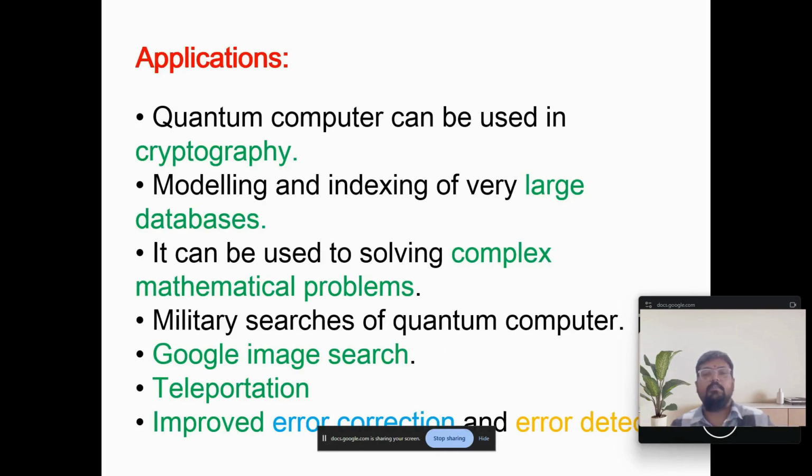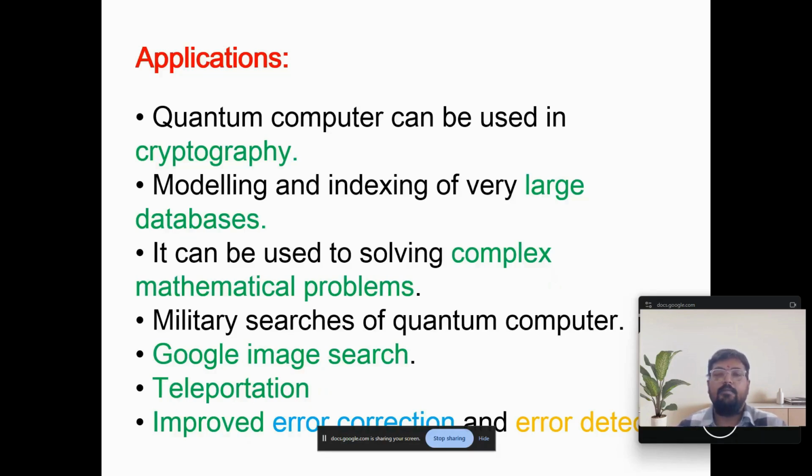So, what are the applications of quantum computers? Quantum computers can be used in cryptography, modeling and indexing very large databases. They can be used to solve complex mathematical problems, military searches, Google image search, teleportation, and improved error and data correction.